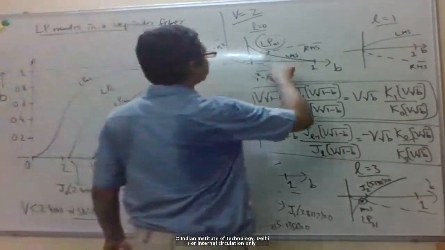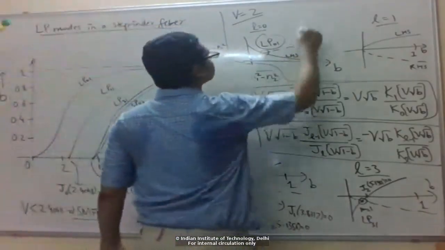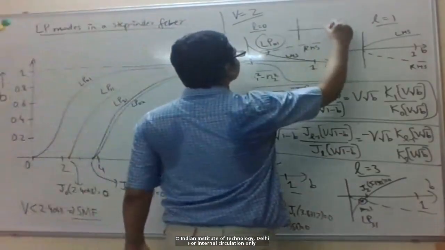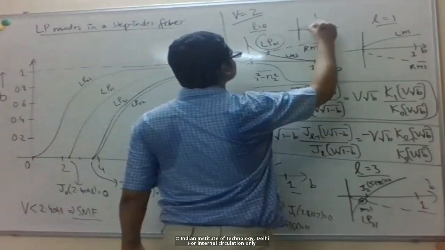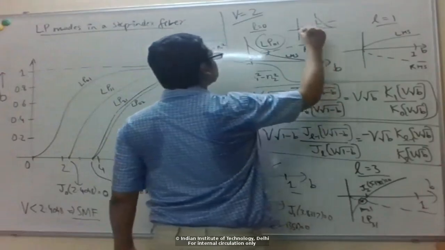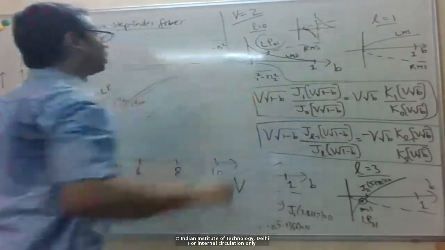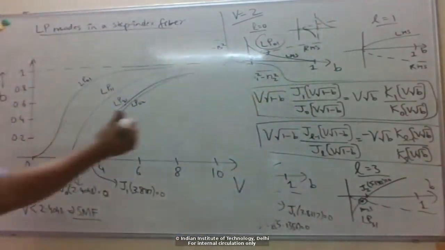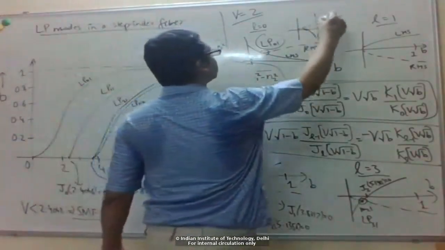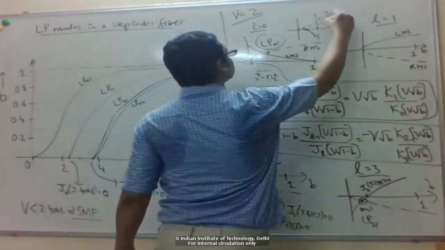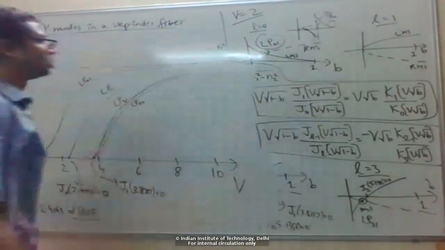So remember, what happens here is this LHS starts looking like this. Once you cross 0 here, which is the root of J1, right? Remember we are plotting J1 by J0 for L equal to 0.